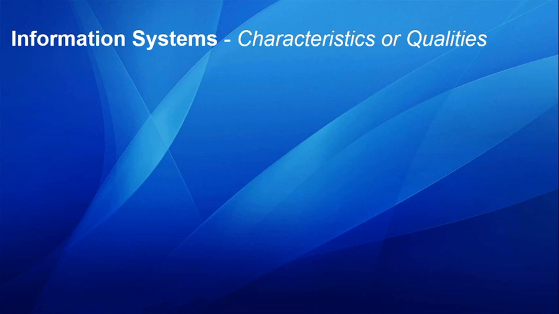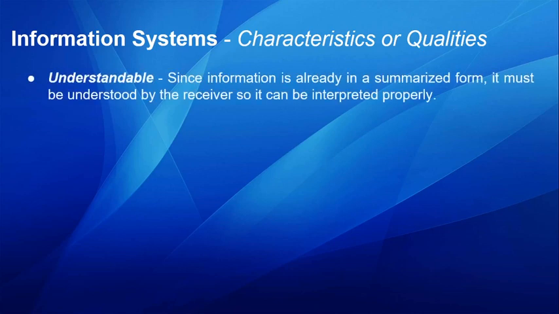So next, let us see the characteristics or the qualities an information system must bear. First, understandable. Since information is already in a summarized form, it must be understood by the receiver so that it can be interpreted properly.